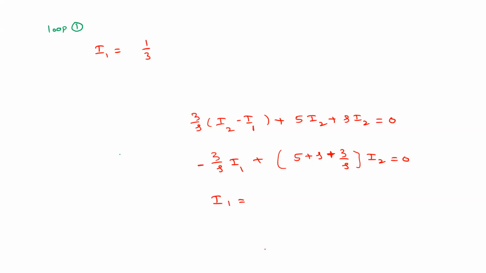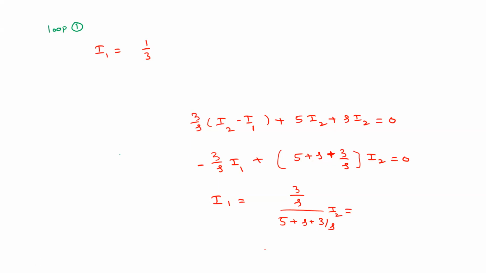Now tell me the value of I1. We bring I1 to the other side, so it will be 3 by S by 5 plus S plus 3 by S, into I2. Is this correct? It is reversed.